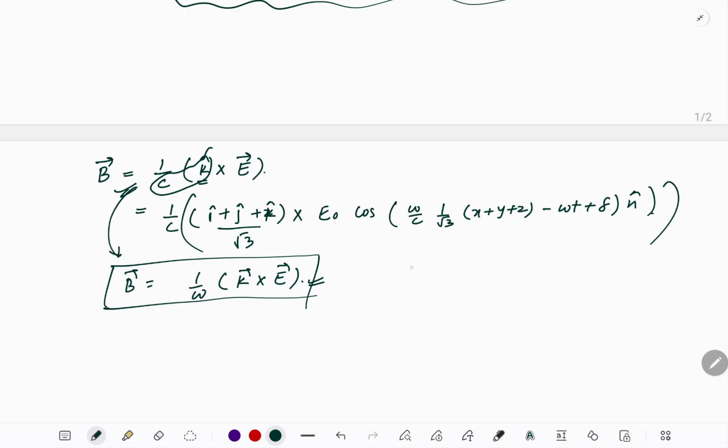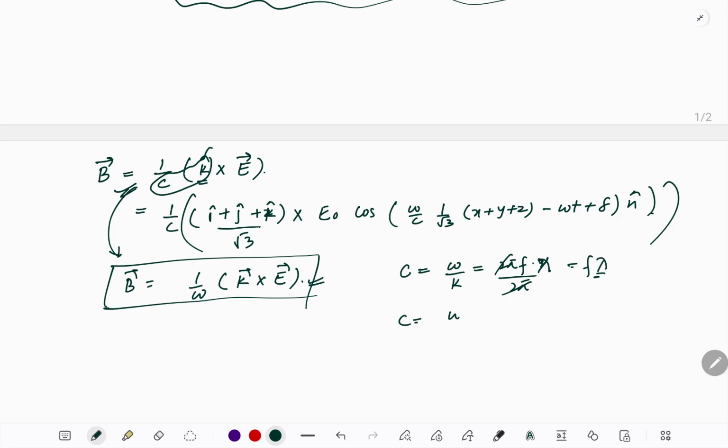Because c, the speed of light, is omega by k. If you don't know, this is the coefficient of time divided by the coefficient of x. Omega is 2 pi frequency, k is 2 pi over wavelength, and the 2 pi will cancel, so it's frequency into wavelength.